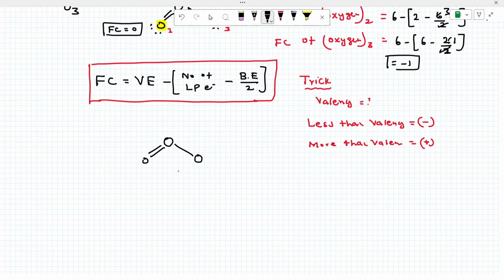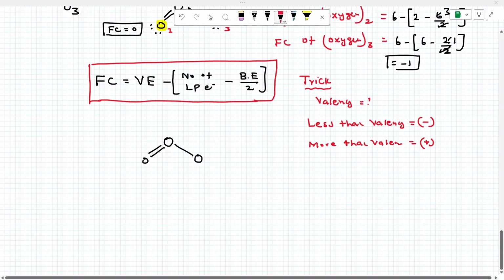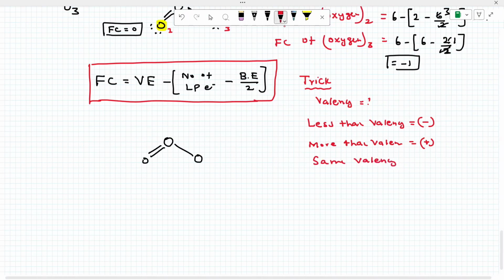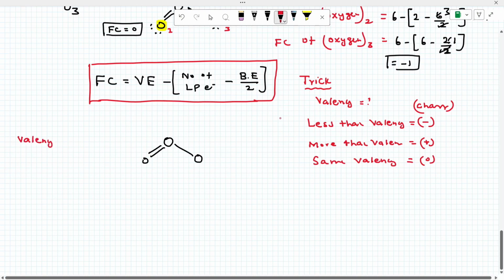If the atom has the same valency, the charge is 0. Now see, what is the valency of oxygen, students? The valency of oxygen is 2. Valence electrons 6, but the valency of oxygen is nothing but 2.